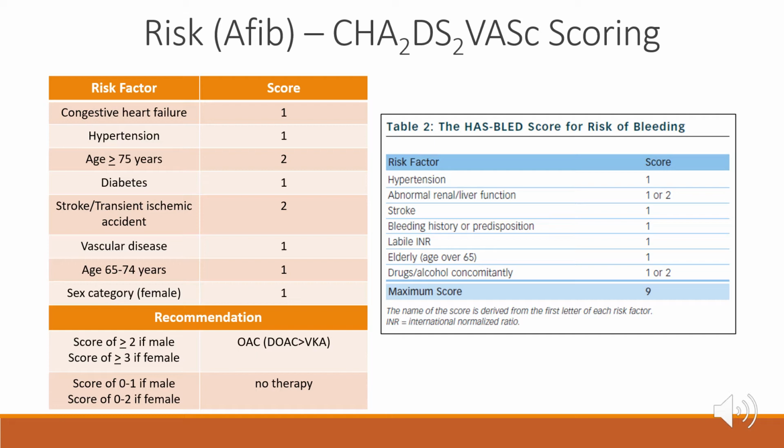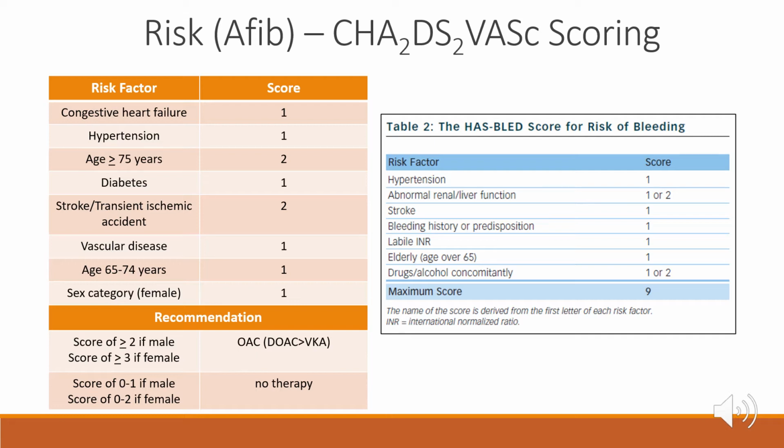The current AFib guidelines also recommend assessing the patient's bleeding risk using the HAS-BLED score, which is shown on the right. This score takes into account multiple different risk factors that can increase the risk of bleeding. Some of these risk factors are modifiable, such as concomitant drugs and alcohol, or a labile INR, but many of these risk factors are not modifiable.